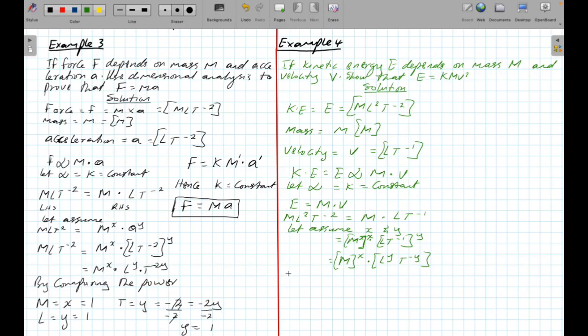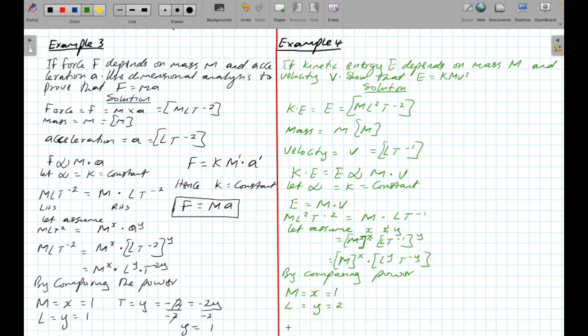So by comparing the powers of the dimensions on both the left and the right hand side, considering M with the power of x, M has an exponent of 1, and for L with the power of y, it is 2 on the left hand side.